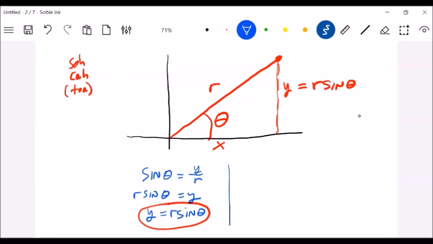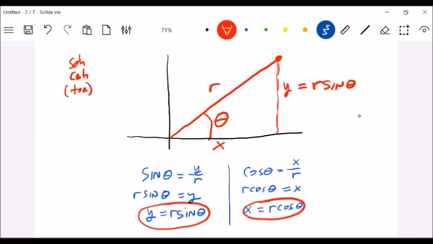And we can do the same thing with x. The cosine of theta is the adjacent, which is x, over the radius. Multiplied by r, we have r cosine theta is equal to x. I like to have the x over on the left side, so we'll just use the equal sign and switch the things, as long as it's everything.